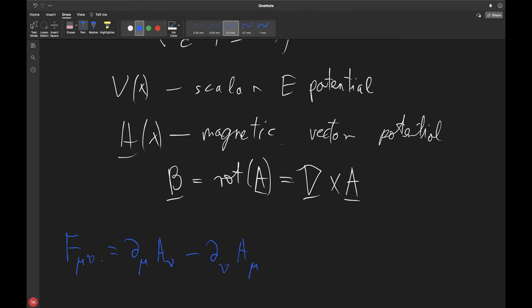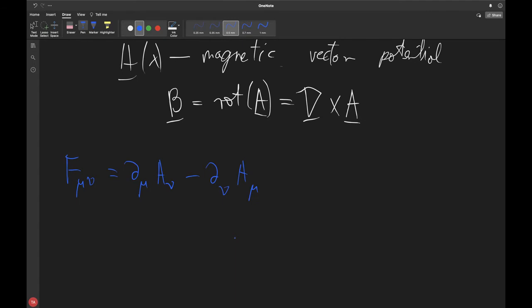That's why we have two indexes. There is no repeating index, so there is no summation here. And we want to figure out the Lagrangian of the electric field. We need to create something which is a Lorentz scalar. So we need to have these indexes gone, and right now there is no summation, so this is just a tensor.